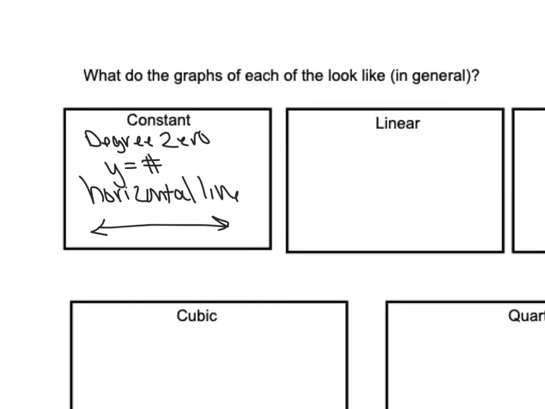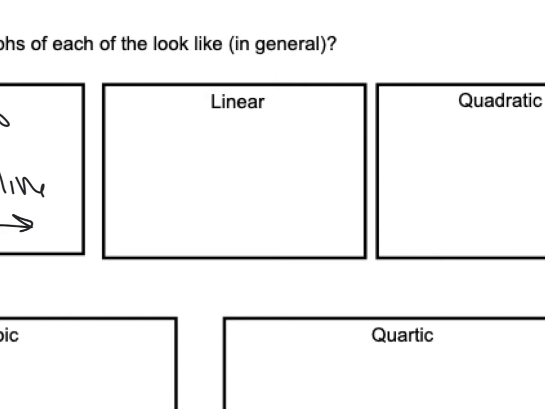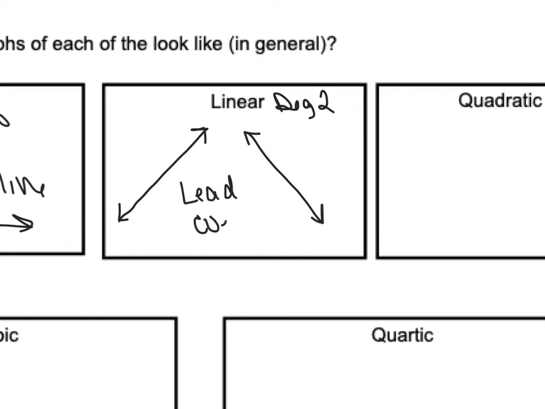If we are looking at a linear, it's a degree of 2. And we think about lines, they either have a positive slope or they have a negative slope. And if we think about our lead coefficient, which we talked about on the last slide, if it's going up, that means it's a positive lead coefficient.